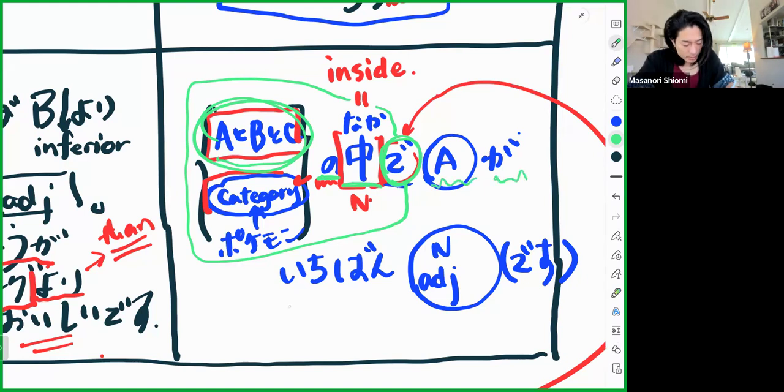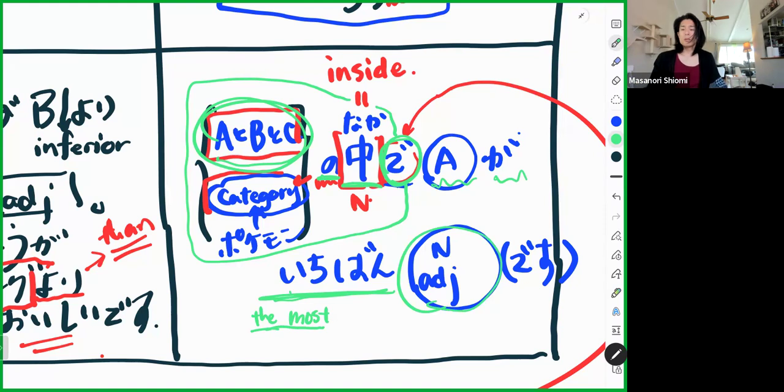A is 一番. For now, let's just translate it as "the most." A is the most, whatever. What would be the natural translation? What will be more natural sounding in English? Using inside A and B and C, A is the most blank.